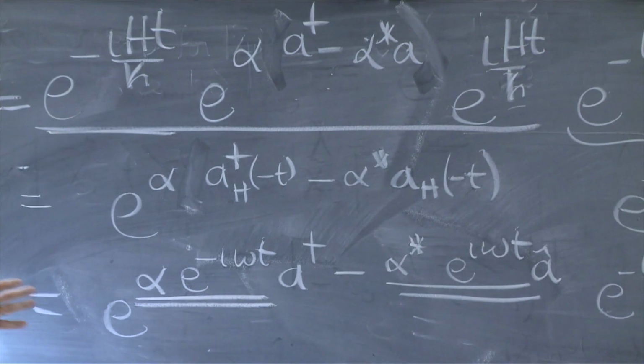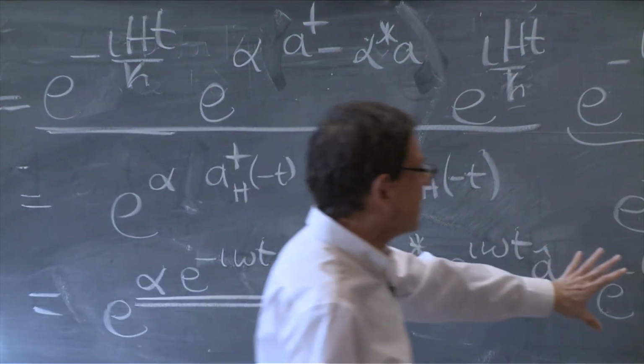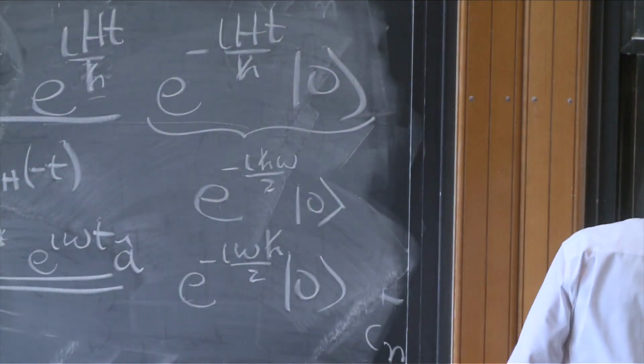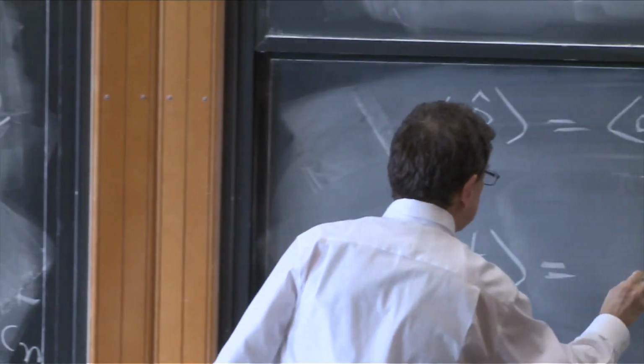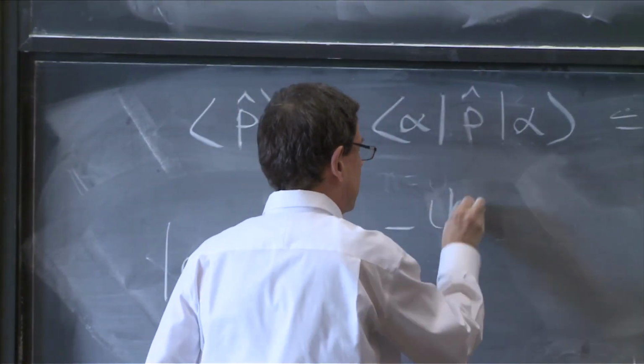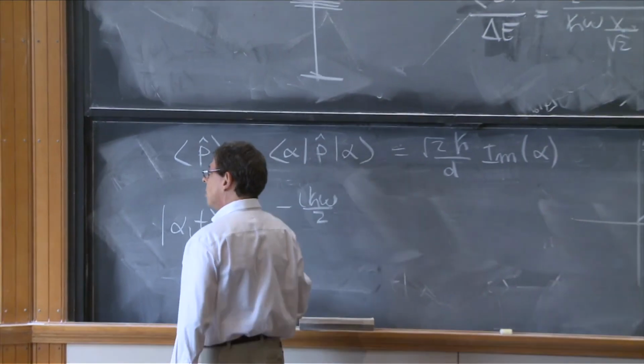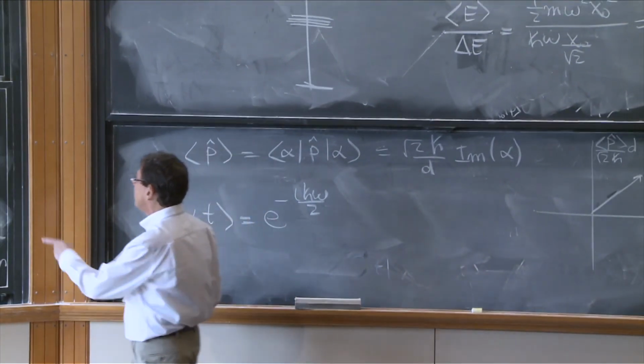So the only thing that has changed is that this state, alpha at time t, is e to the minus i h bar omega over 2. I'm sorry, I'm missing a t here.